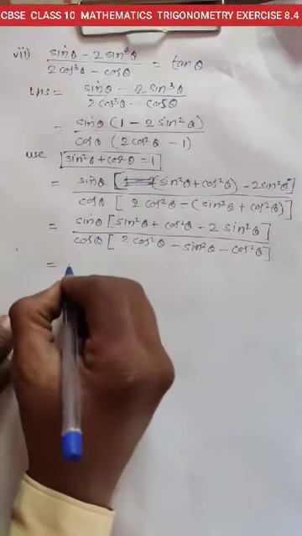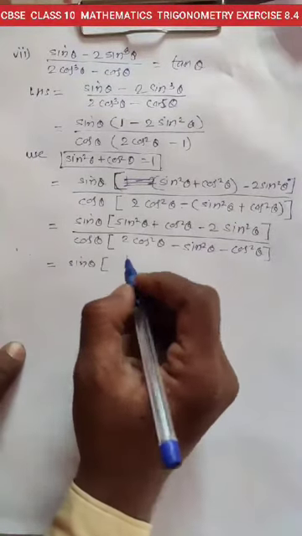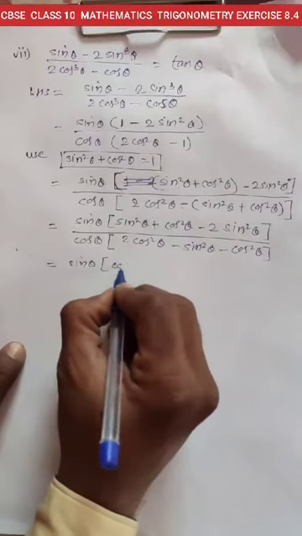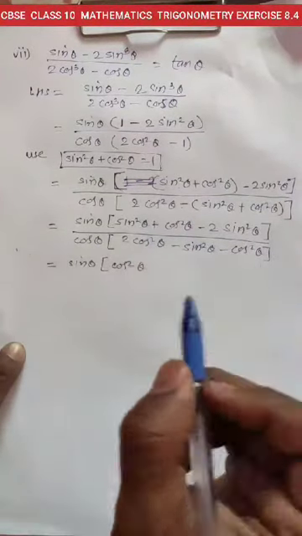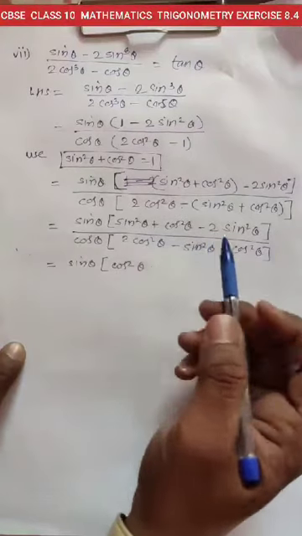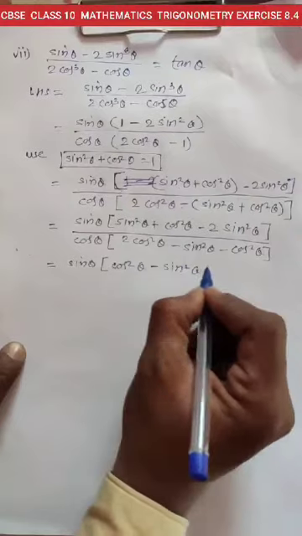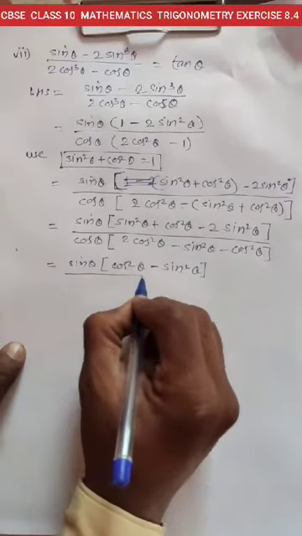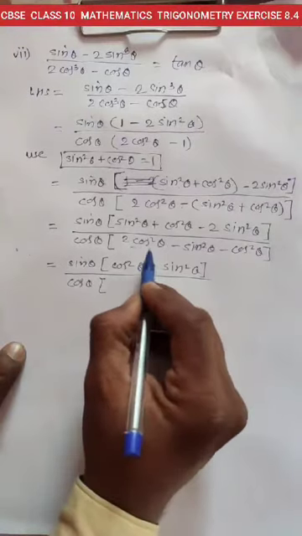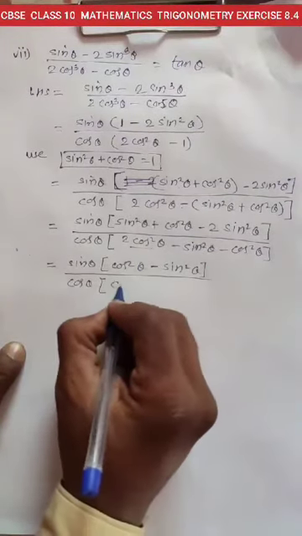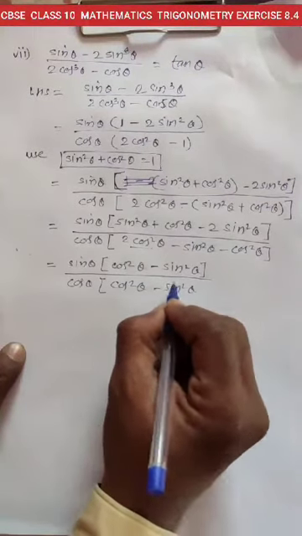So sin upon cos as it is, sin theta into bracket: cos square theta positive, sin square theta minus 2 sin square theta, that means minus sin square theta, and upon cos theta into bracket 2 cos square theta minus cos square theta, that is cos square theta, and minus sin square theta as it is.